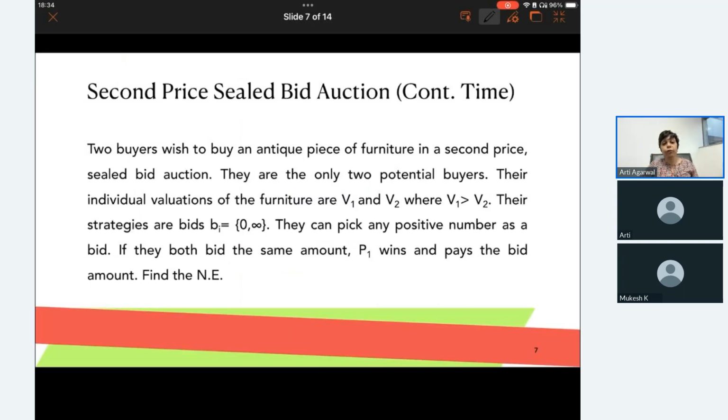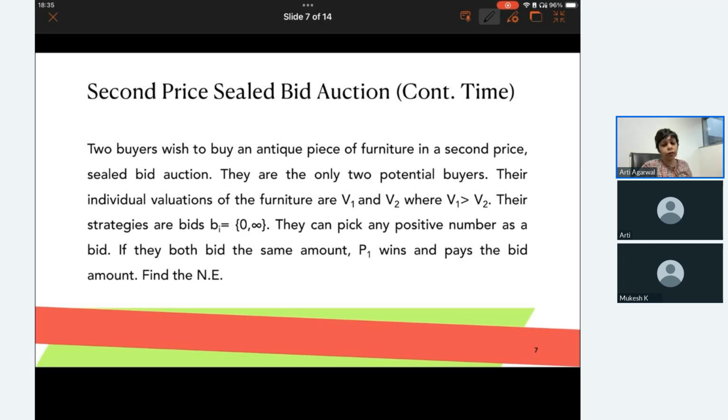Now we come to the second price sealed bid auction in continuous time, where we have the same two buyers and they have valuations V1 and V2, and this time we don't know V1, V2. We just know that V1 is greater than V2. Their strategies Bi belong to 0 to infinity, meaning they can bid anything from 0 to infinity, any positive number.